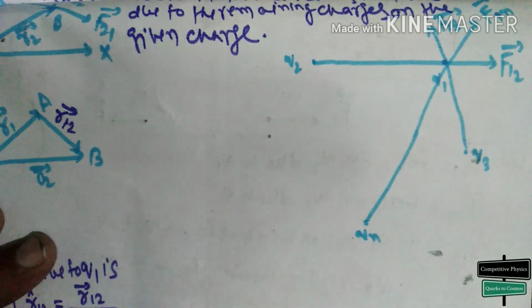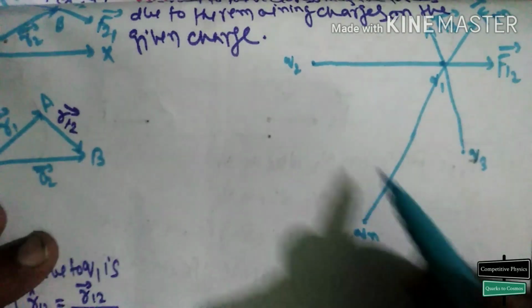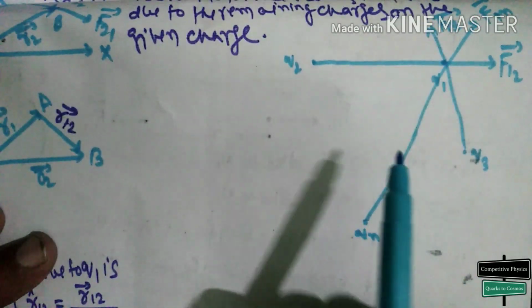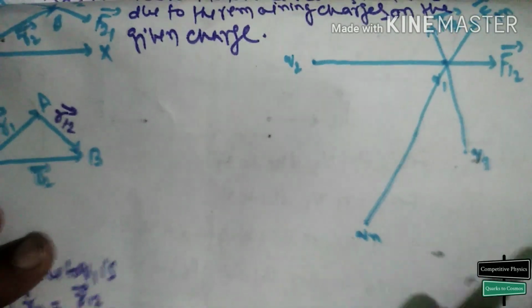So if you wish to find the net force on q1 due to all other charges, what you have to do is find the forces between each pair of charges and then sum up.